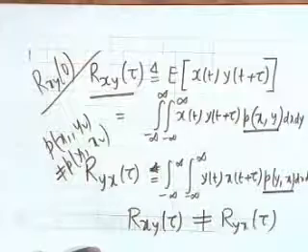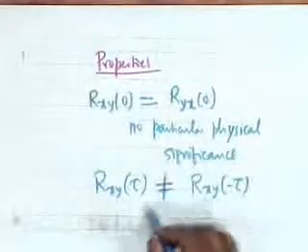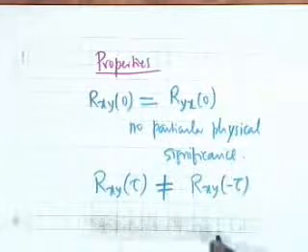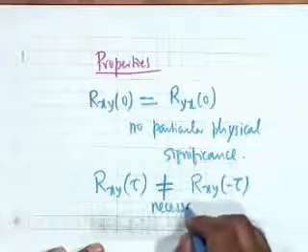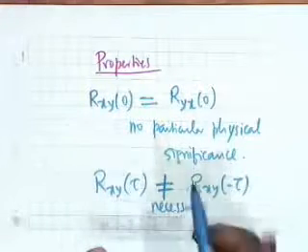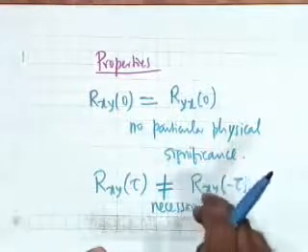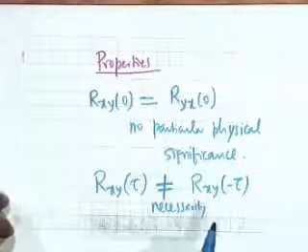Rxy tau and Rxy minus tau? No, they are not equal. So they are not in general equal, and therefore Rxy tau is not necessarily an even function of tau. In the autocorrelation case it was an even function.